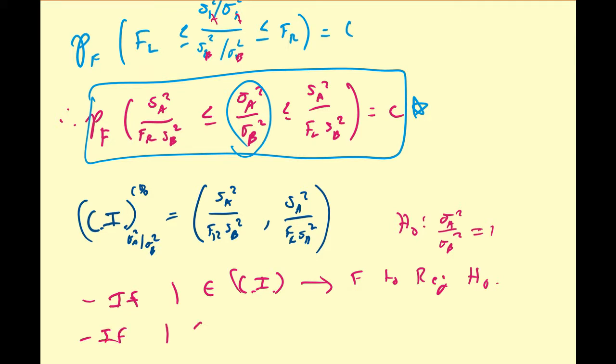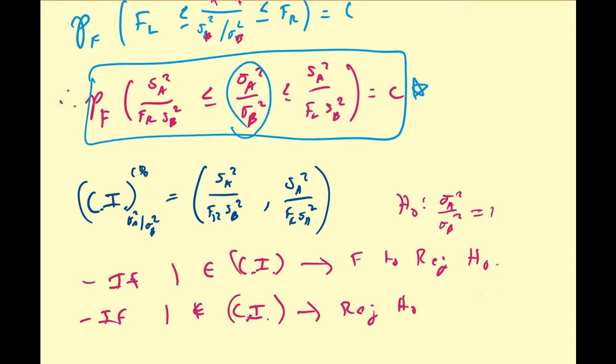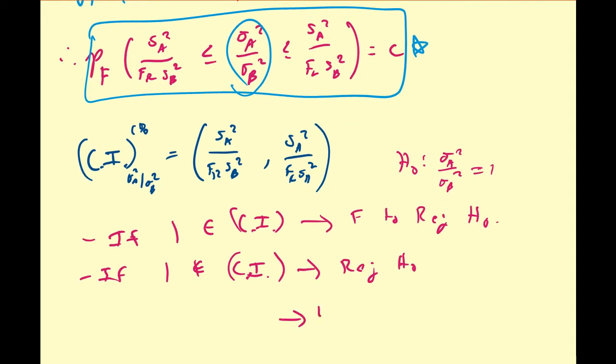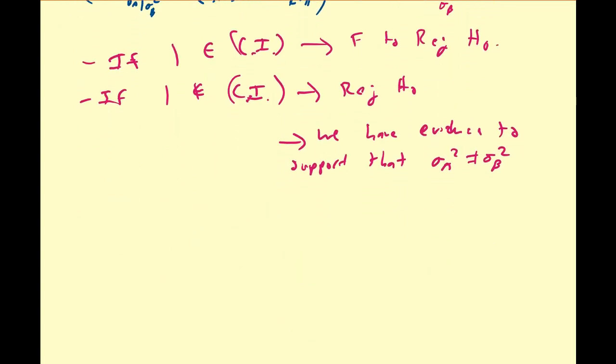And if 1 does not belong to our confidence interval, then we're going to reject the null hypothesis. If we reject the null hypothesis, that implies we have evidence to support that the variance of A does not equal the variance of B. That is, the ratio of their variances is not equal to 1. Okay, with that being said, let's do a quick example of how to walk through this process.